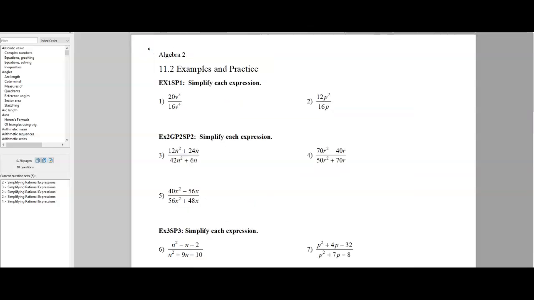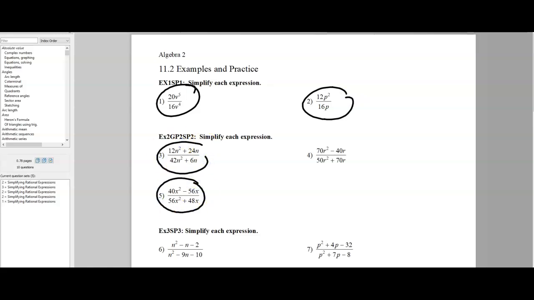But these are monomials where you just have one term on the top and one term on the bottom. The rest that we're going to look at today are going to be more than one term on the top and bottom. For those ones, we actually have to start by factoring in order to reduce. So these guys are a little bit different in the way that you handle them because you don't have to factor. And these ones down here we do.